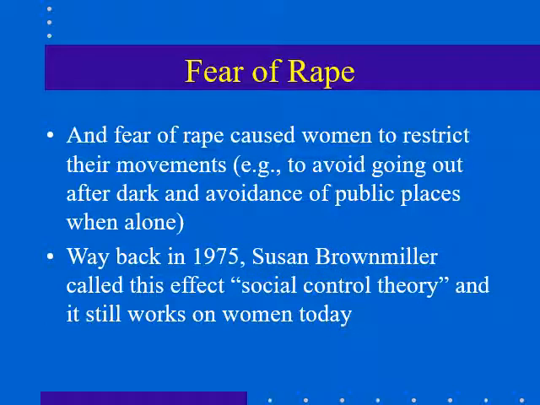Way back in 1975, Susan Brownmiller called this effect social control theory, and it still works on women today. Even women who have never been raped are sort of chronically primed to be afraid of it by the fact that men, even male strangers, especially male strangers, feel entitled to interrupt their daily lives, whether it's to comment on their physical appearance or say something lewd to them, all the things that women experience.